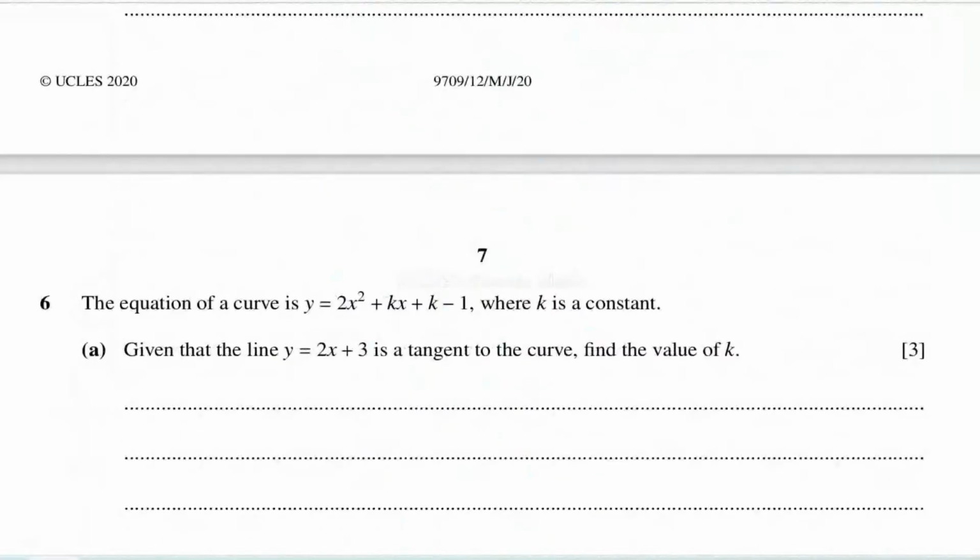Next, question number 6. The equation of the curve is y is equal to 2x square plus kx plus k minus 1, where k is a constant. Given that the line y is equal to 2x plus 3 is a tangent to the curve, find the value of k. So it's given the line is a tangent to the curve.